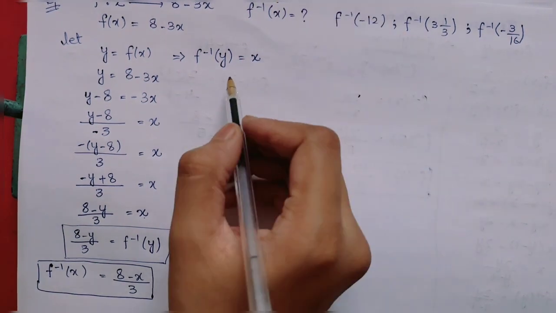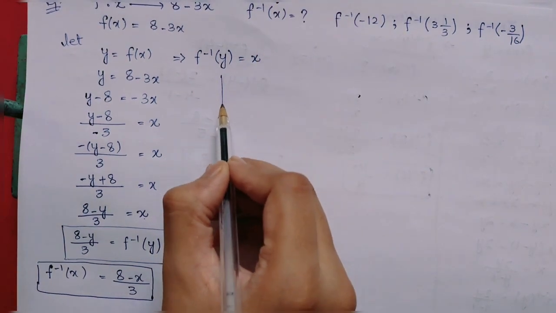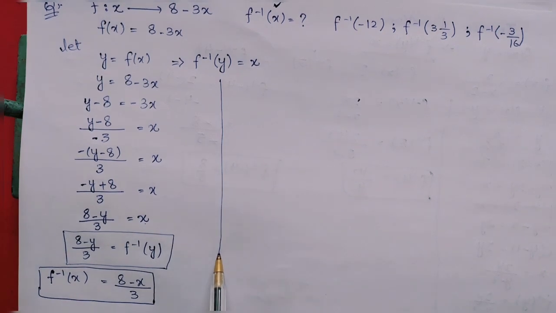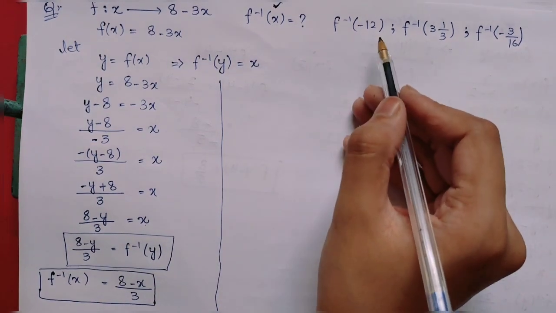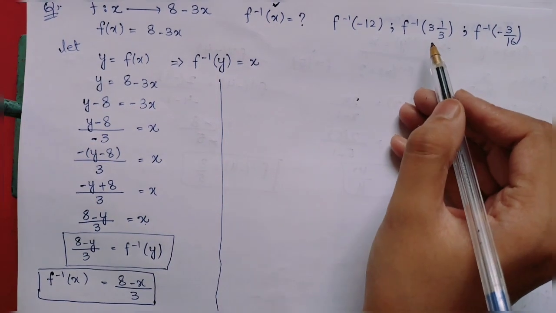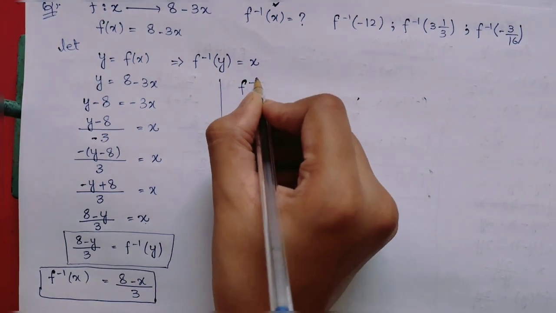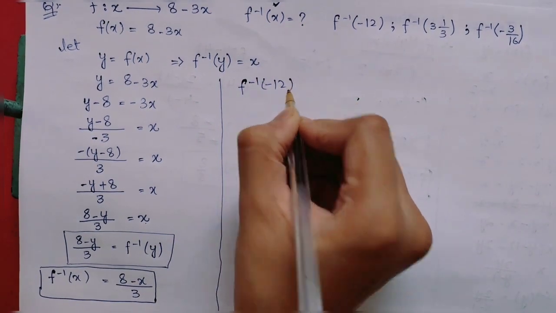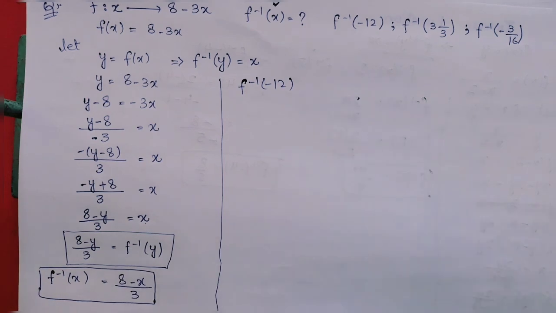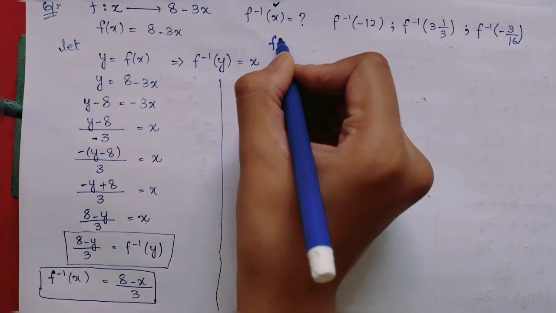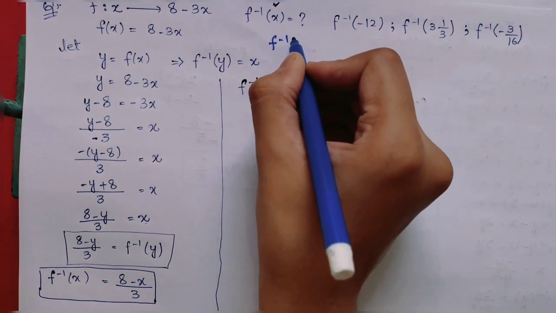Now what you have to do is find the value of all these values: f inverse of minus 12, f inverse of 3 whole 1 by 3, and this. First of all, we will do f inverse of minus 12. You have to simply put the values in the given f inverse of x. I am writing it at the top so you can easily see.